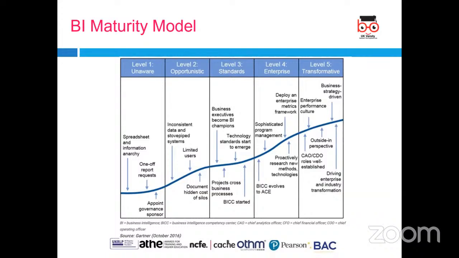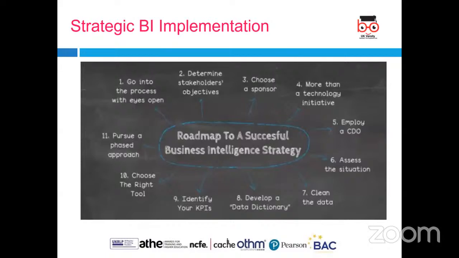So this is how the model would start, and level 5 is the highest point that BI can reach by implementing it in an effective way. Also, from the image, you have a roadmap of how an effective strategy has to be carried out.